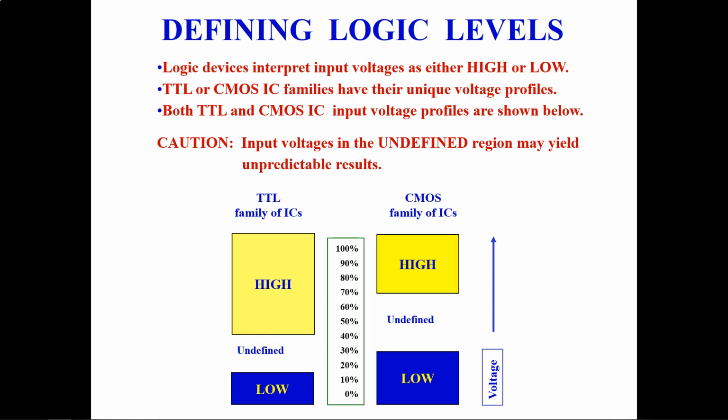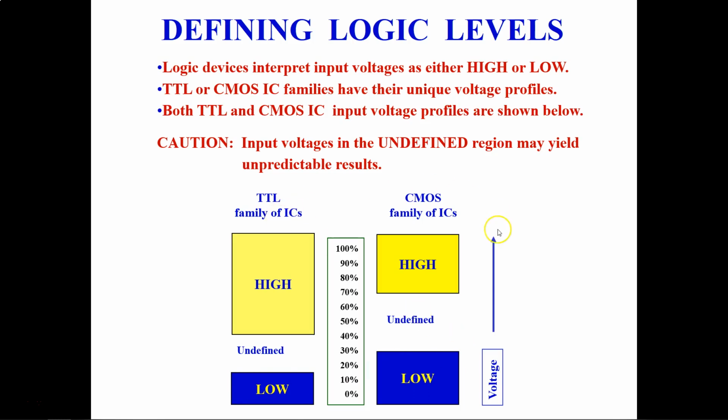The output low level range is from 0 to 0.5 volts, and at the higher end it is 2.7 to 5 volts. This range ensures that any TTL gate outputting a digital signal into the input of another TTL gate will transmit voltages acceptable to the receiving gate. The difference between the tolerable output and input ranges is called the noise margin of the gate.